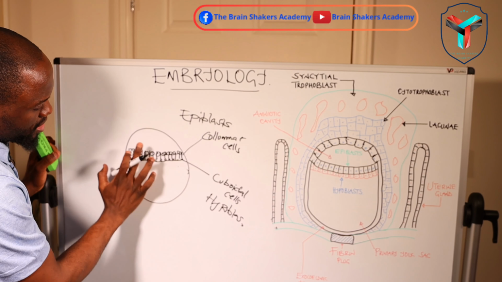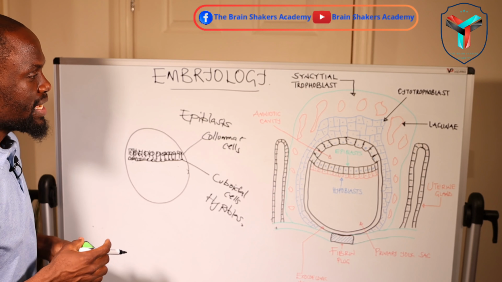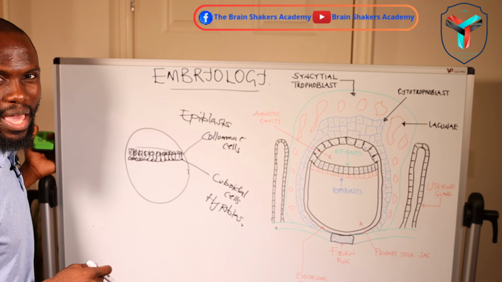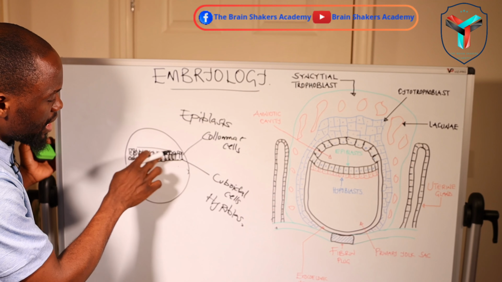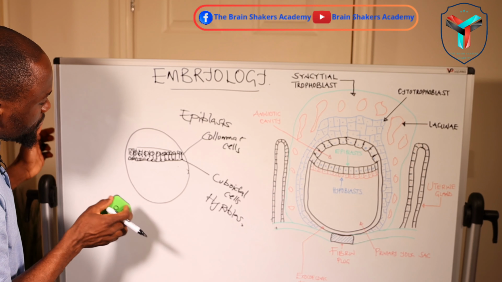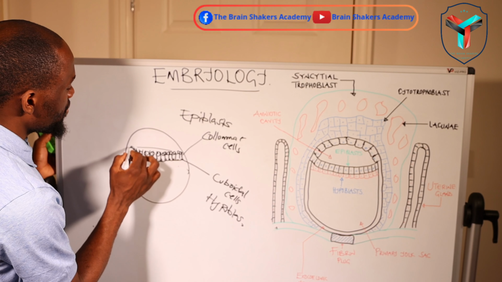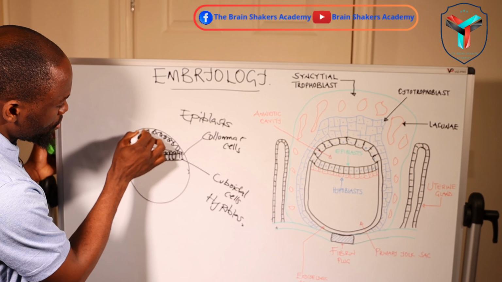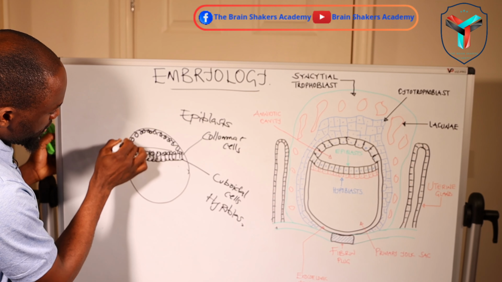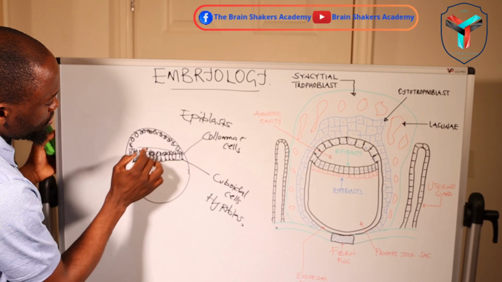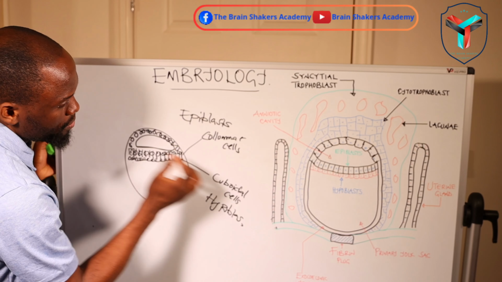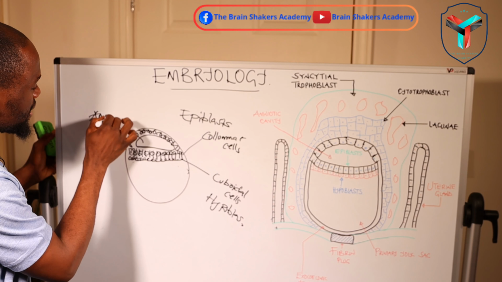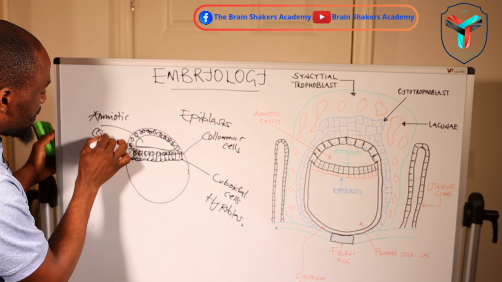Now, as this forms, a fluid-filled space begins to appear within the epiblast, and as it appears, it is obviously going to push some of the cells. These epiblasts that form are continuous with the amnion on this side, and a space begins to appear here, which will culminate into what we refer to as the amniotic cavity.